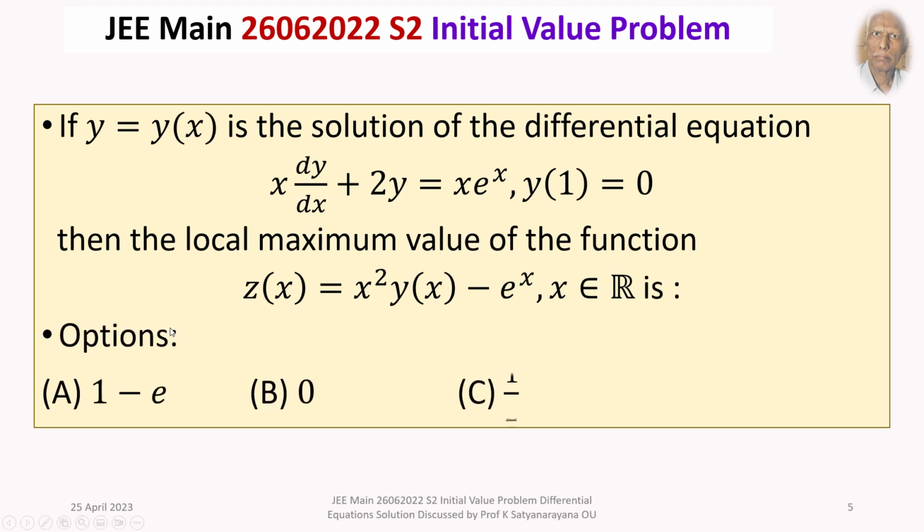We are given four options. Option A 1 minus e, option B 0, option C 1 by 2, option D 4 by e minus e.